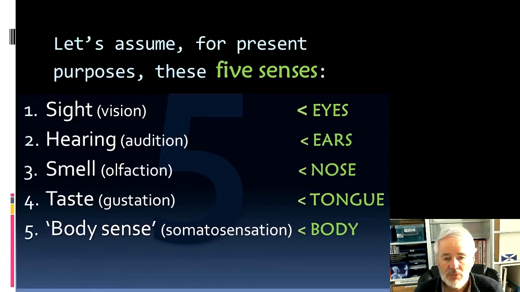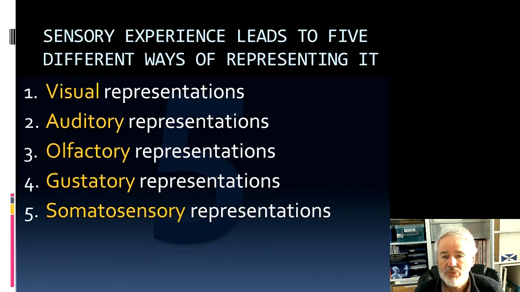Right, moving on. These 5 types of sensory experience lead to different types of cognition. In other words, by that I mean different ways of representing what is going on in the outside world. Visual representations are created by the visual system.